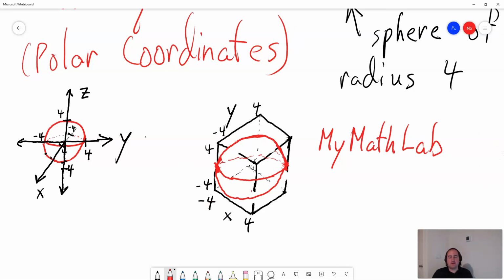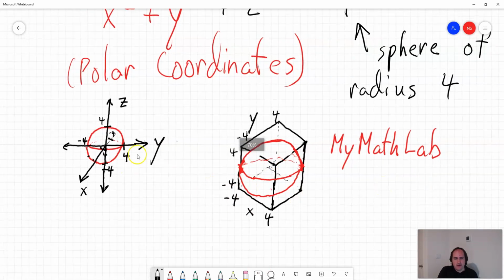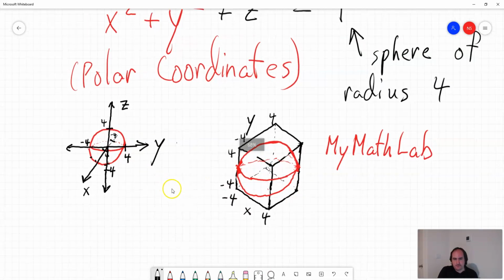So now if you don't want to painstakingly draw them by hand, you don't have to. But that's what people used to do. And of course, it's easier to draw if you don't have shaky hands like me, but I do have shaky hands. This is how they have it sketched in my math lab. So that is a sphere of radius 4, and it's centered at the origin.